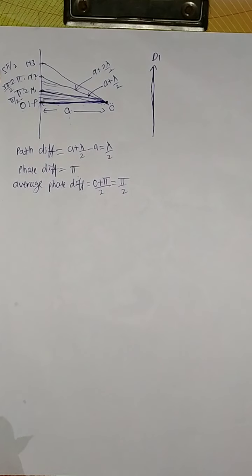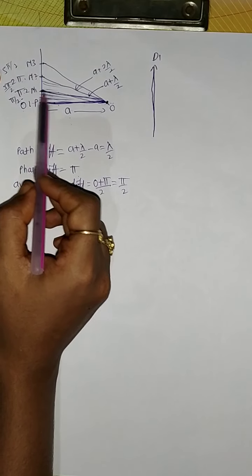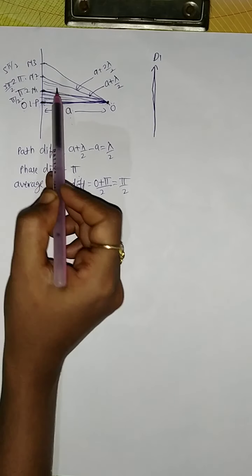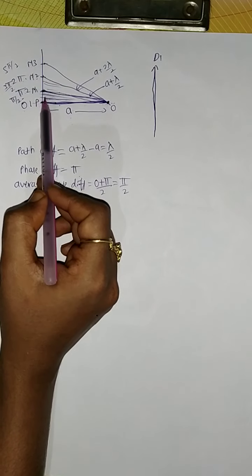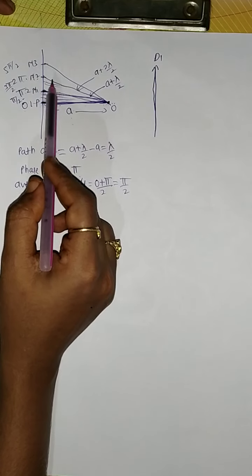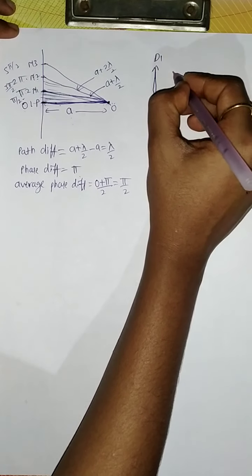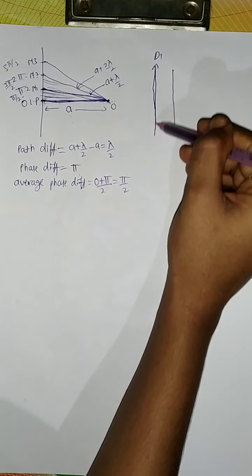That amplitude I will denote by this line, D1. Understanding? And now the second rays, which are coming through M1, they are reaching O. At that time the amplitude goes on decreasing. Why does it decrease? Because the distance is more than from P, isn't it? So the amplitude value goes on decreasing, and that should be shown by smaller lines. This is giving a much larger amplitude, so I showed it by a long line.